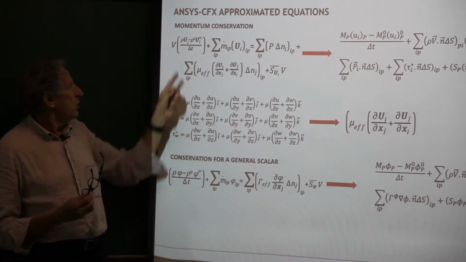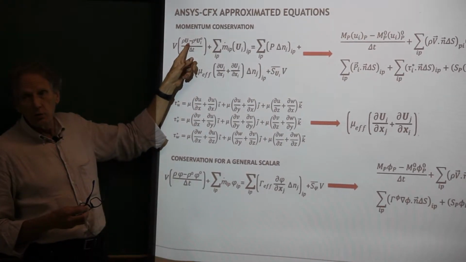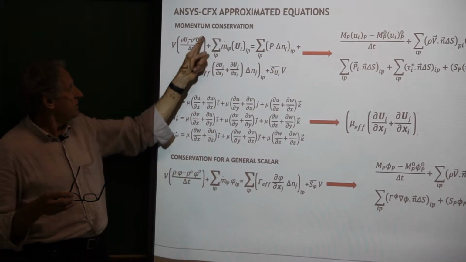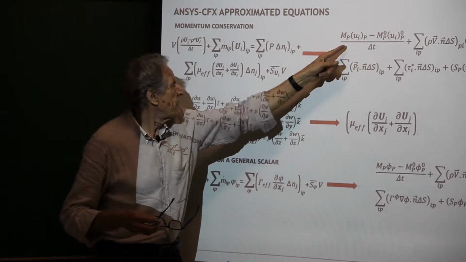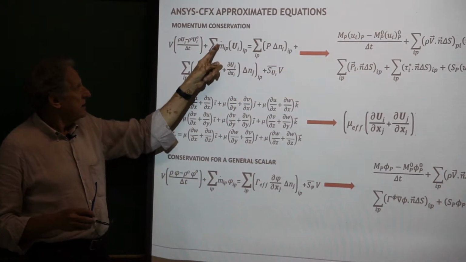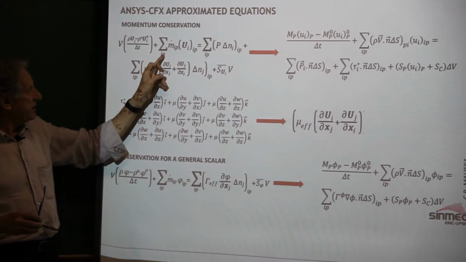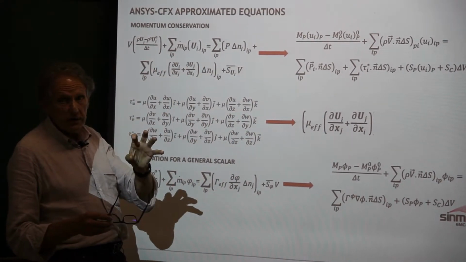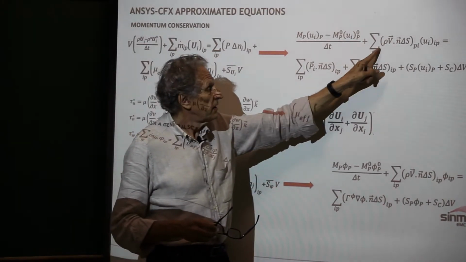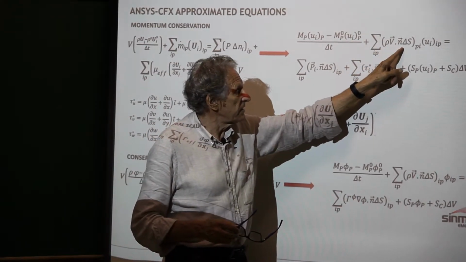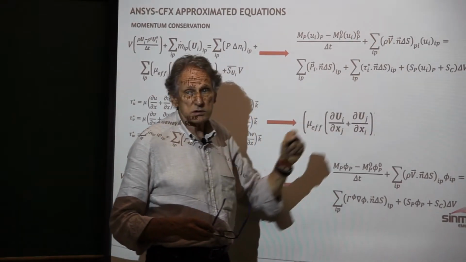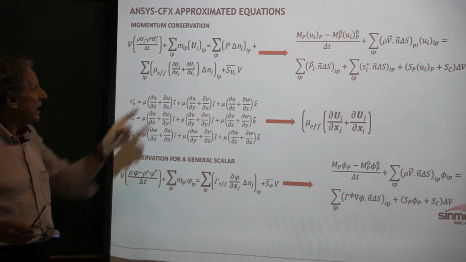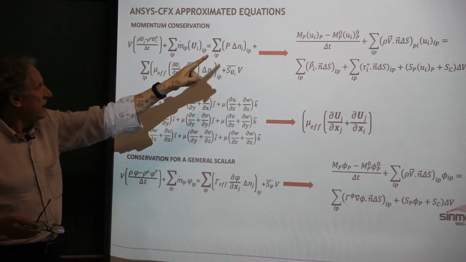Here they use big capital U, I'm using the small u. So this is the same term as here. This one is the summation over every integration point, the same as there: the m dot, the mass flow rate. Here, rho V scalar n dS. This is m dot. This is m dot too. It is flow rate times u times u.